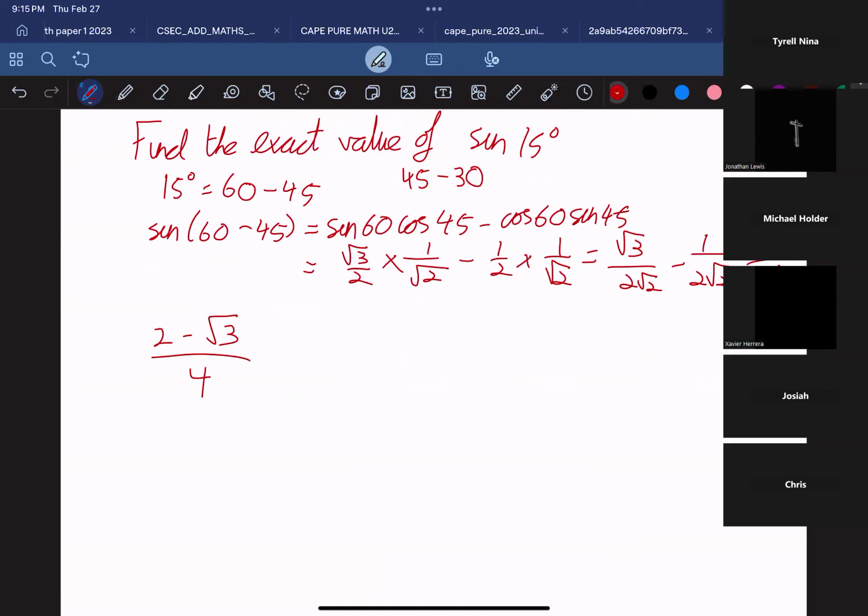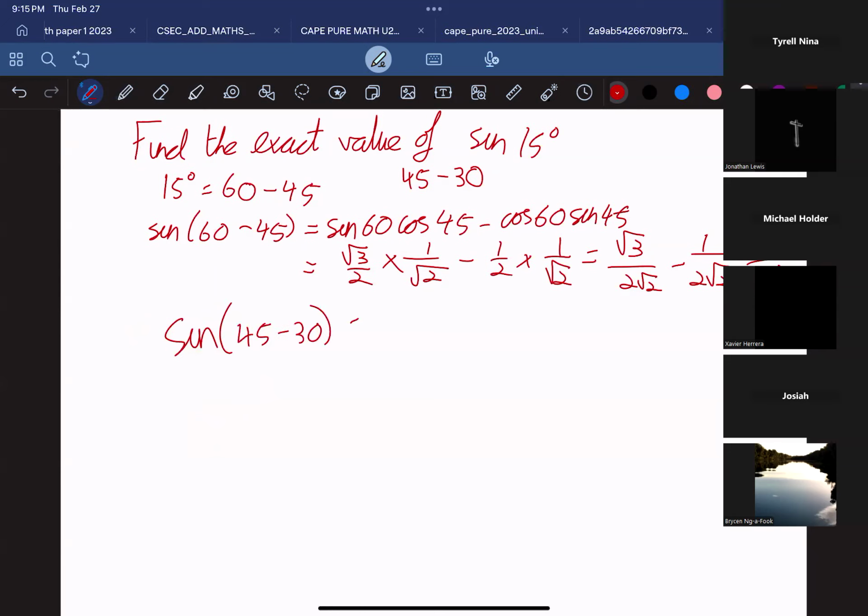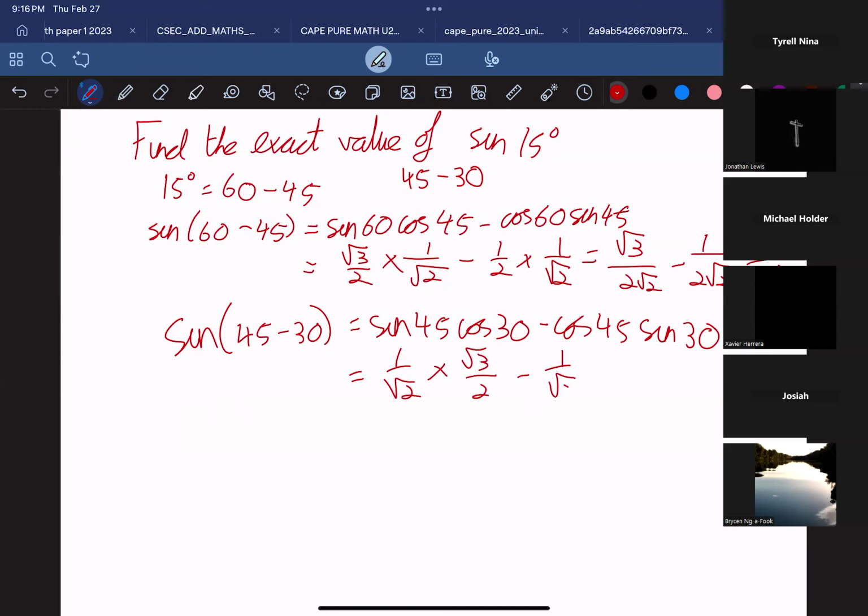I ended up with sine 45 cos 45 minus cos 30 by sine 30. Why did you use cos for sine? Well, sine A minus B is sine 45 cos 30 minus cos 45 sine 30, which is 1 over root 2 by root 3 over 2 minus 1 over root 2 by a half.